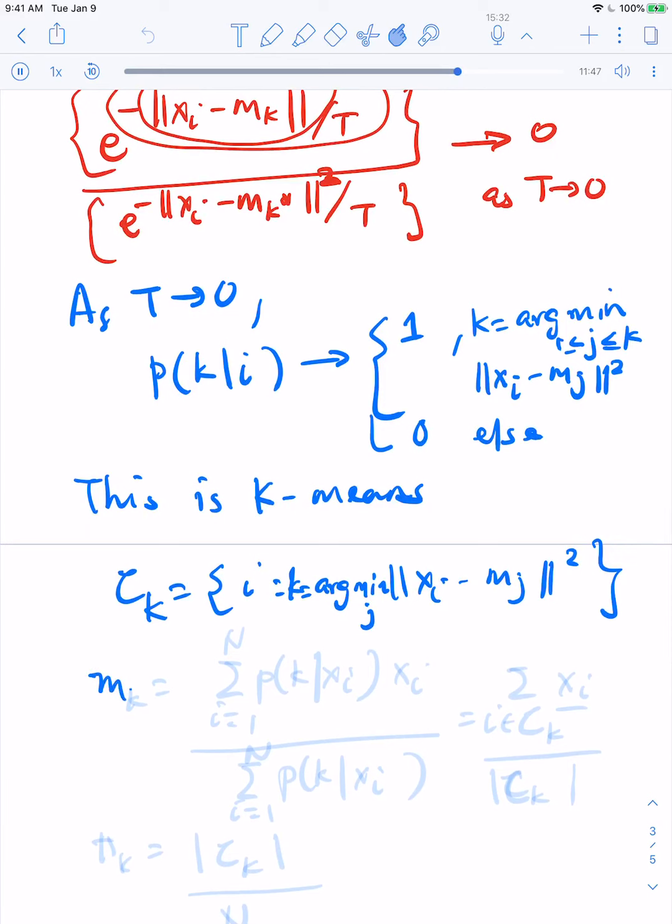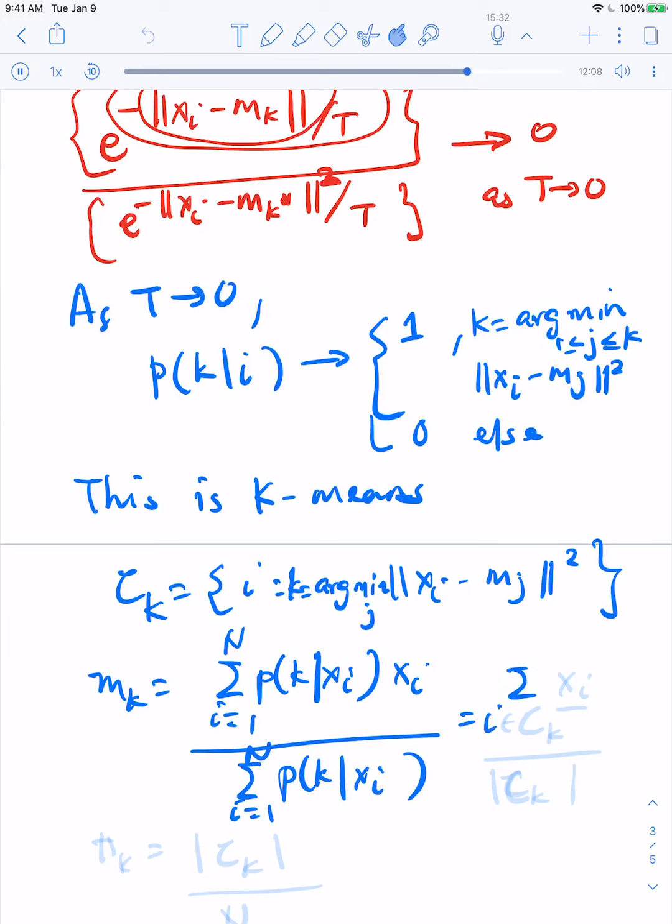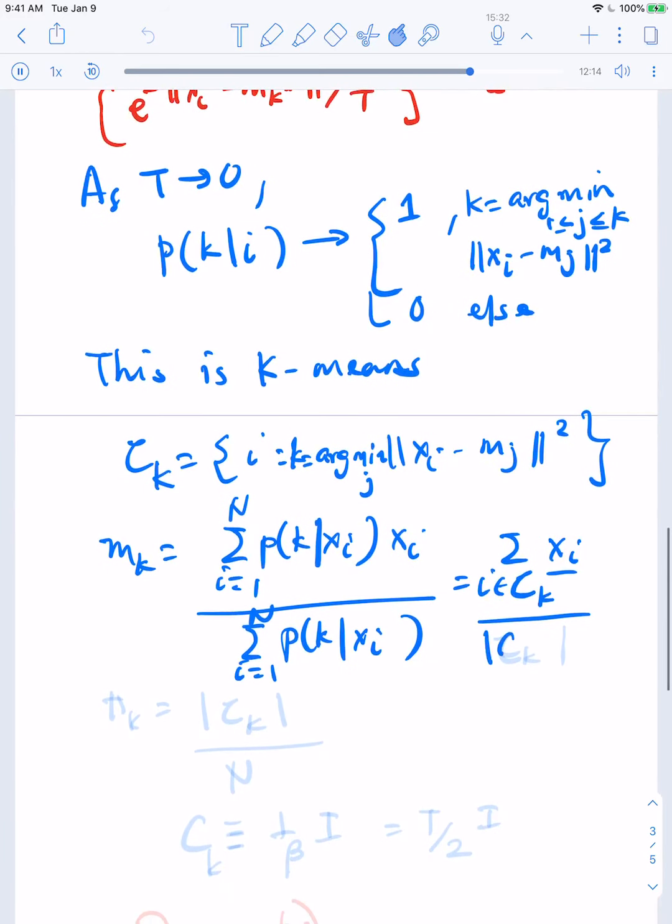Your mk, which was a summation i equals 1 to n in the soft k-means algorithm, over the summation i equals 1 to n of pk given xi, you simply have that I'm just summing over the i's that have been mapped to ck, the xi, divided by the number of points in ck, just like we had before in k-means.